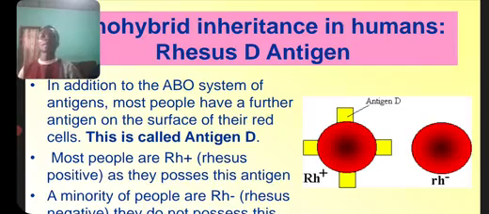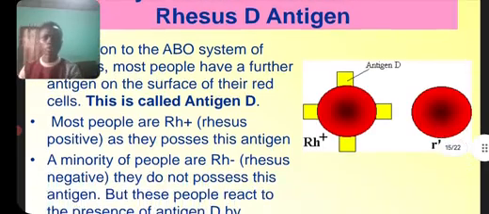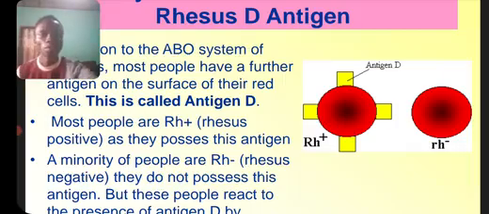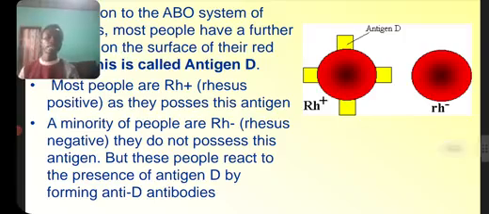We've had many individuals having both A and B antigens, and those having none. And then there is also this one, the D antigen. If it is present on the surface of red blood cells, you'll be called Rhesus positive. If it is absent on the surface of the red blood cells, you'll be called Rhesus negative.